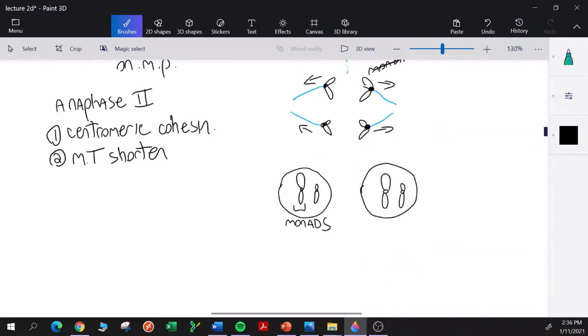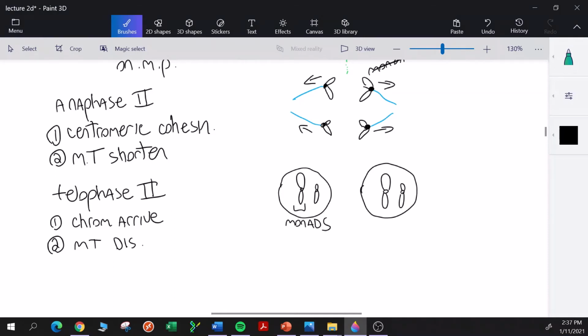And then that brings us finally to telophase II, which essentially is a lot like telophase I. So the chromosomes arrive at the poles, microtubules disassemble, nuclear membrane forms, and cytokinesis, say it however you want, ensues.